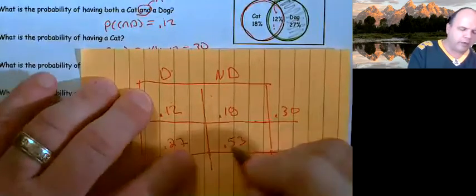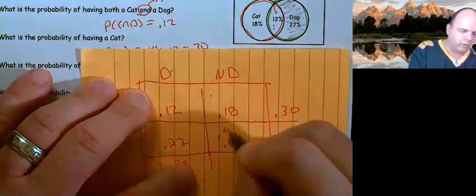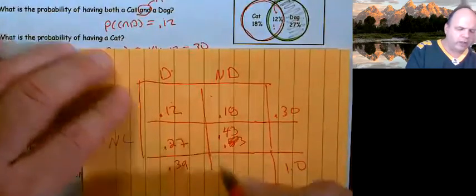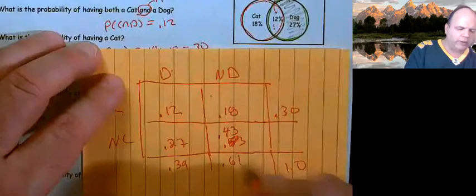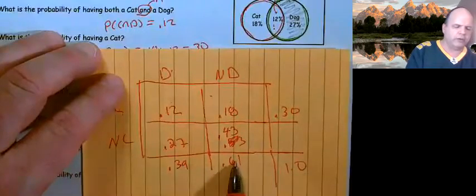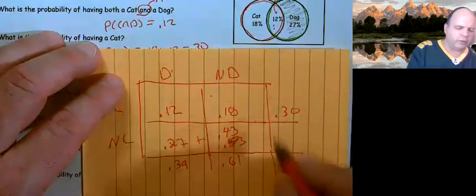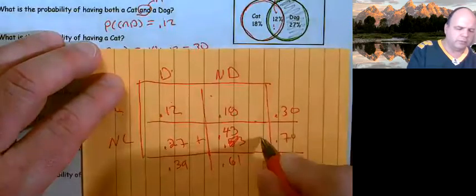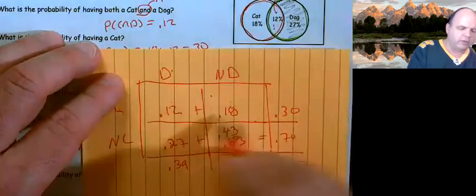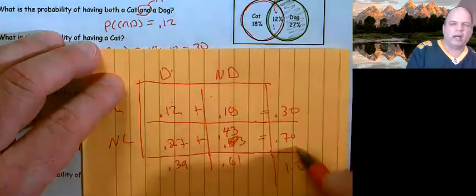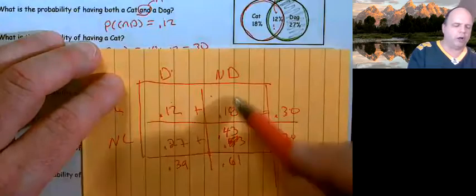Excuse me, this is not 0.53, this is 0.43. So this right here is 0.61. This plus this equals that. This plus this equals 0.7. This plus this equals 0.8. And notice all my rows and columns all add up.